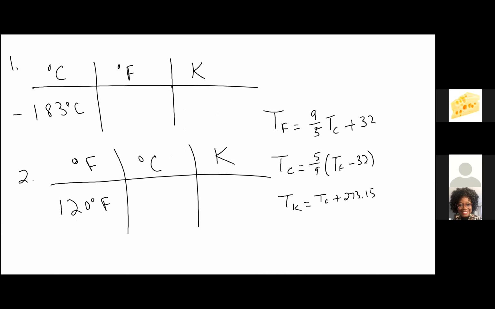Okay, let me see, did anybody finish these problems up? Let me see before I erase this. Okay, Keston, the only thing I see here is that this temperature needs to be negative because we were given negative 183. So that answer should be negative 297. And then the next part is correct.